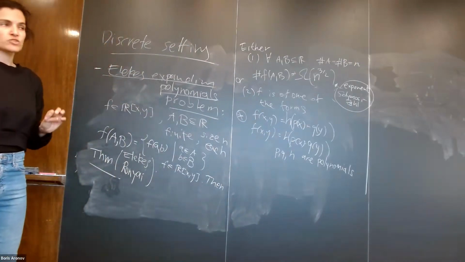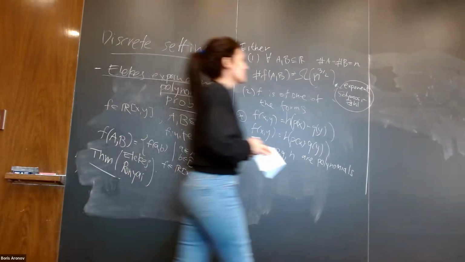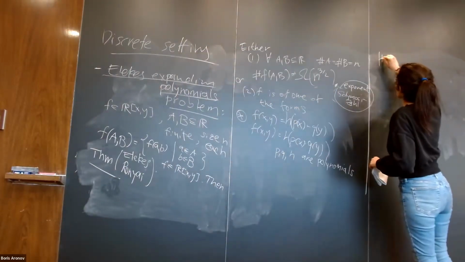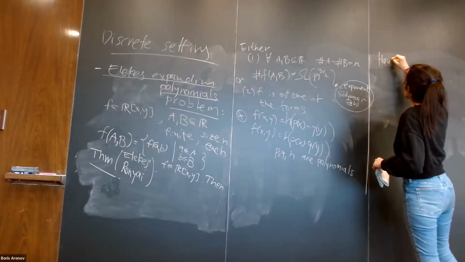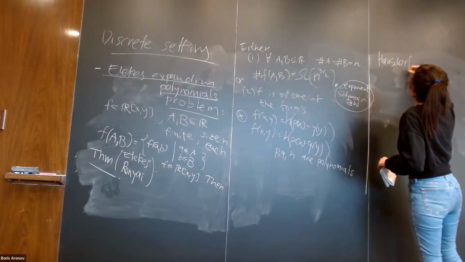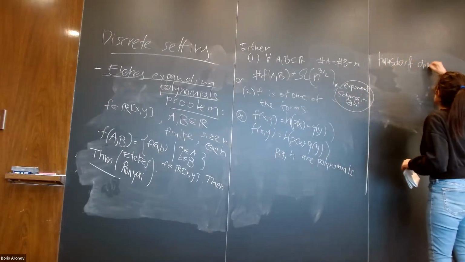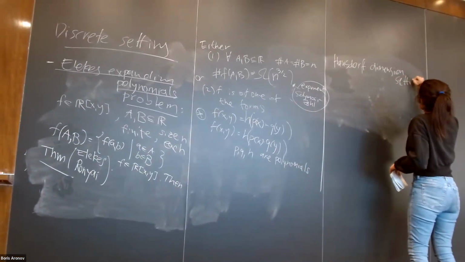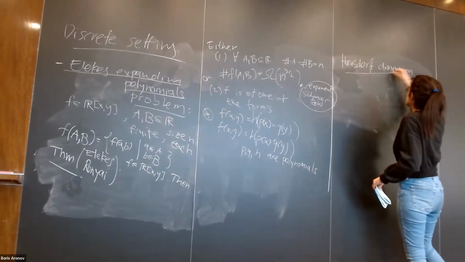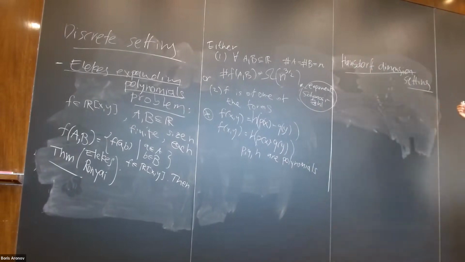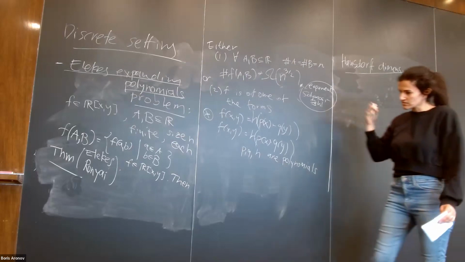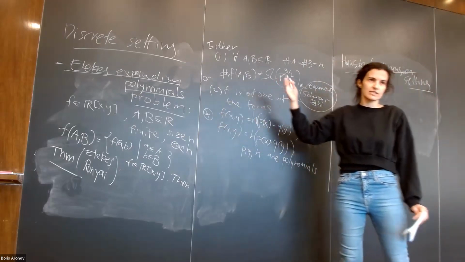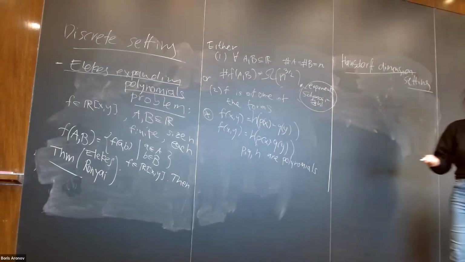What do I mean by the Hausdorff-dimension analog? What I want to do here is instead of taking finite sets, let's take infinite ones, and then instead of thinking about the cardinality of the sets, let's look at their Hausdorff-dimension.